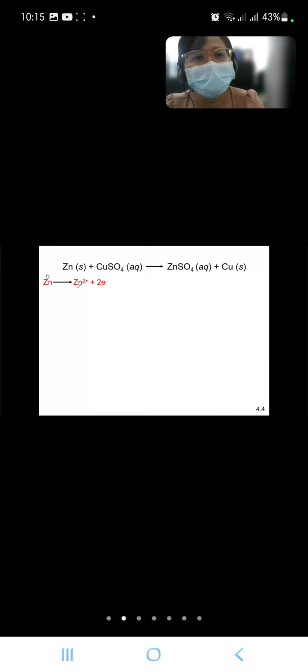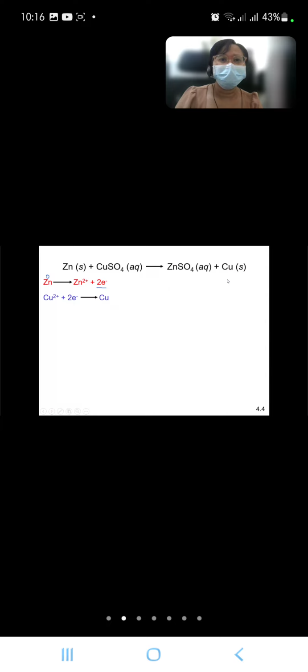So, meaning, it became positive 2 on the product side, it means that it loses 2 electrons. Do you understand? It loses 2 electrons.